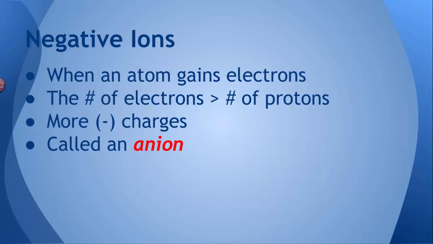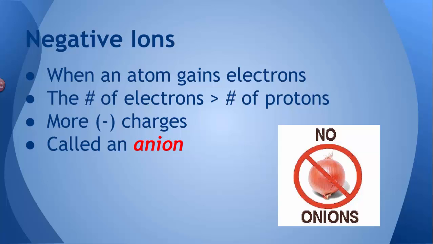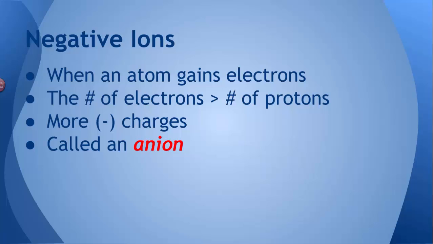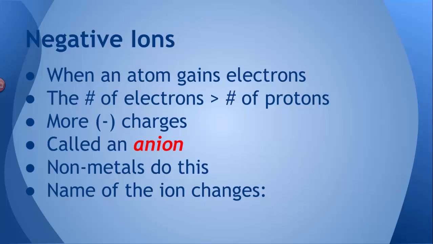These ions are called anions, not an-ion, and certainly not onion. Anion. An, the prefix an in chemistry, means negative. Okay? Nonmetals are usually the ones that do that. So metals are losers. They lose electrons. They become positive. Nonmetals gain electrons and become negatively charged ions.